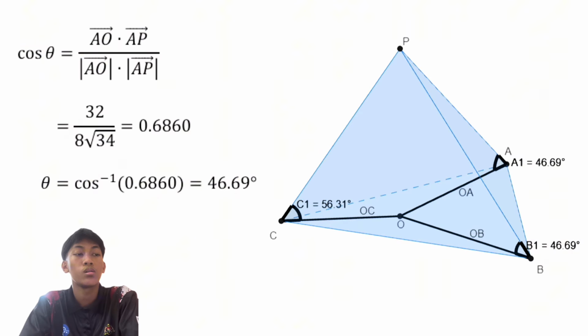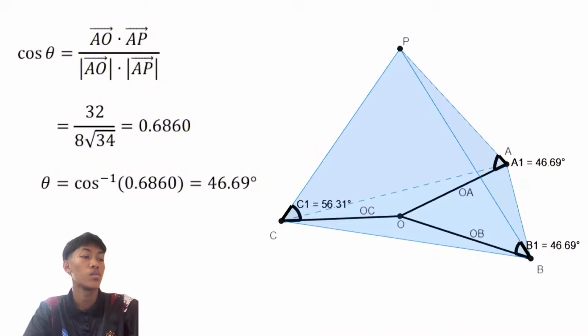So cos theta is equal to the dot product divided by the magnitudes. We just substitute the values and we get 0.6860, and then we want to find theta. We get arccos 0.6860. So the angle is 46.69 degrees.